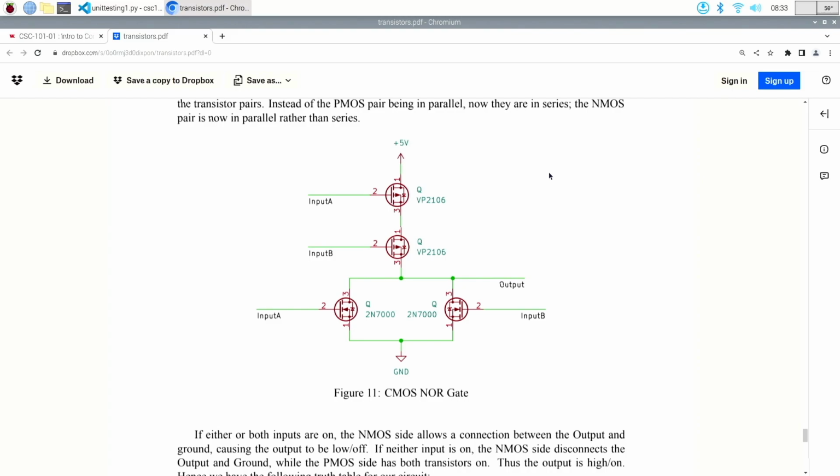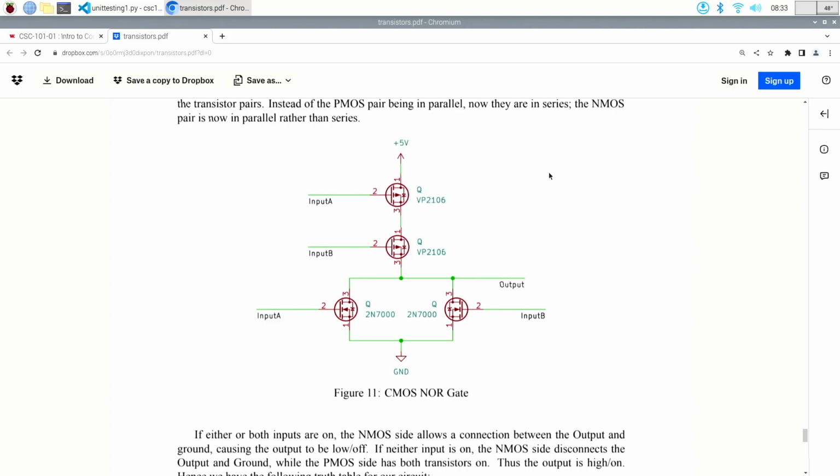But all right, so the inside of the circuit, we need to make sure that the inside does not have a connection between the output and ground. Otherwise, we've got a short circuit. Okay, so right now we're thinking input A and input B are both off. If input A is off, what happens here? It does not go through. It's off. What about the other one?